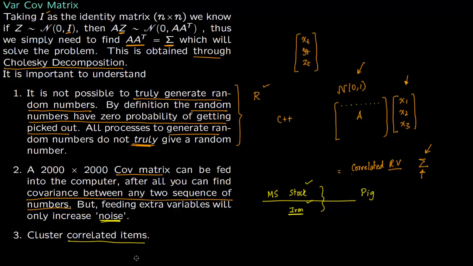But it does not make any sense to have iron and gold in the same matrix, especially in today's scenario when gold is actually a store of value in times of uncertainty. So this thing you have to keep in mind. In a large number of places people just keep on finding covariances between two sequences and keep on building bigger and bigger matrices, and that is not serving any purpose whatsoever.